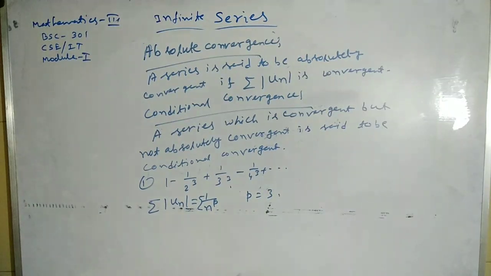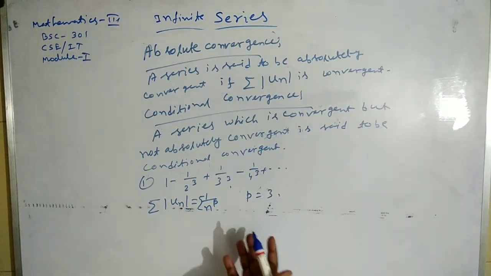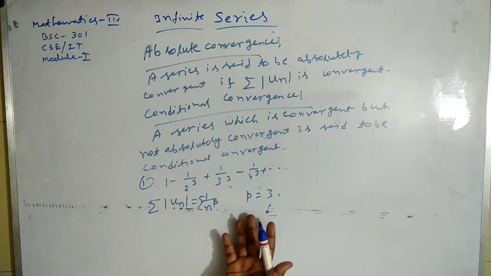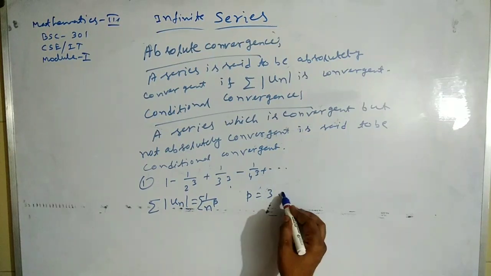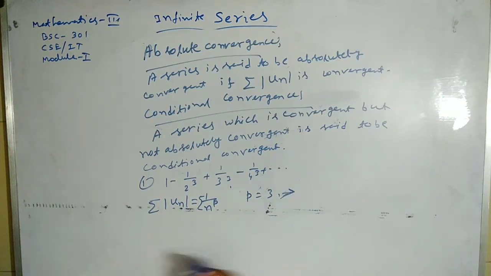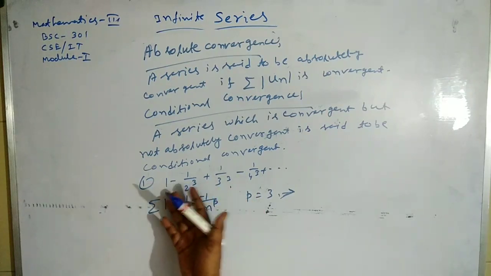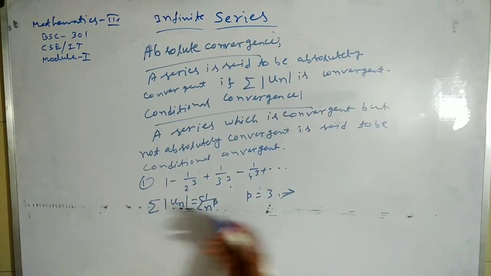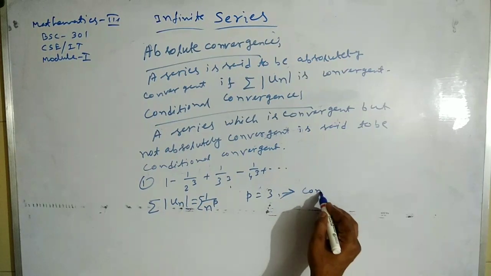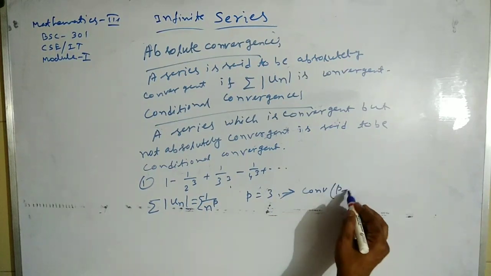We know that in a P series, if p is greater than 1, then the series is convergent. So after taking modulus, that is summation of mod un, all signs will be positive, so this will be convergent by P series.